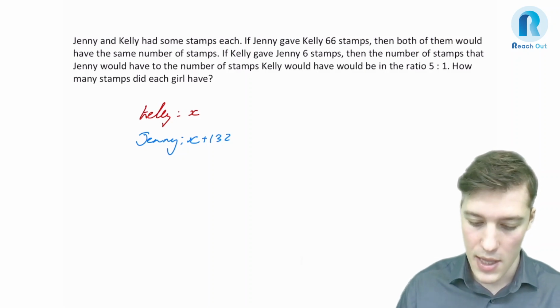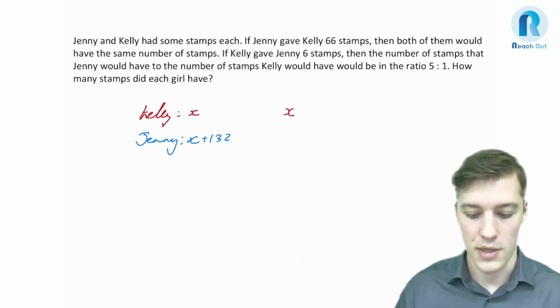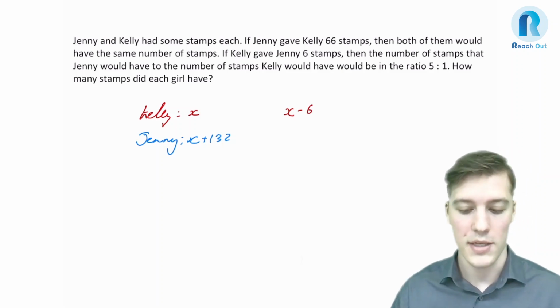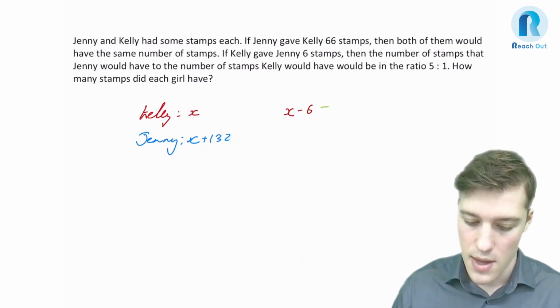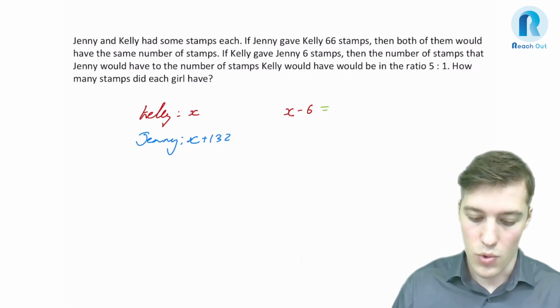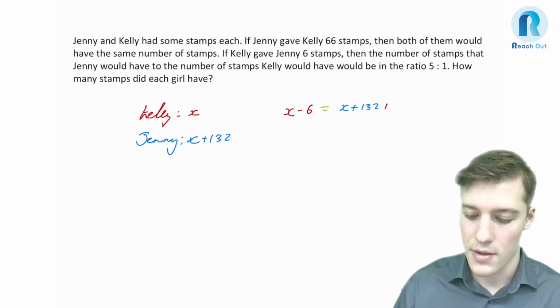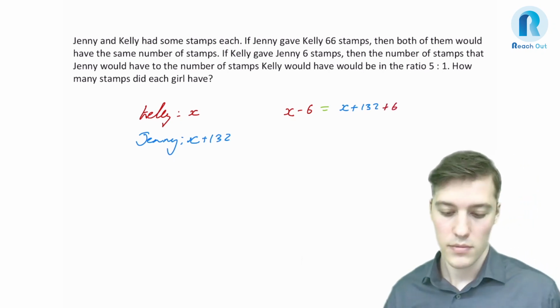So I'm going to take Kelly's stamps, who had x, and I'm going to take away 6, right? Because she's giving away 6 of her stamps. And Jenny's stamps, which started as x plus 132, will now get 6 of those stamps.